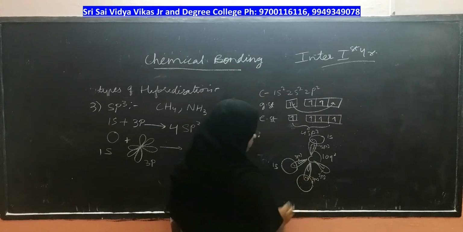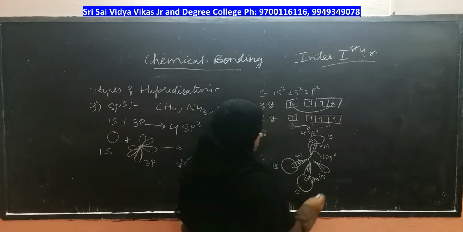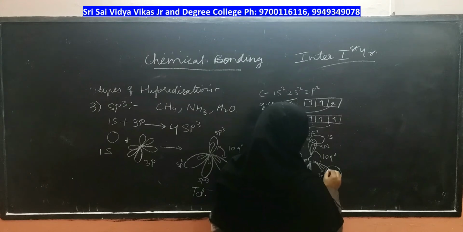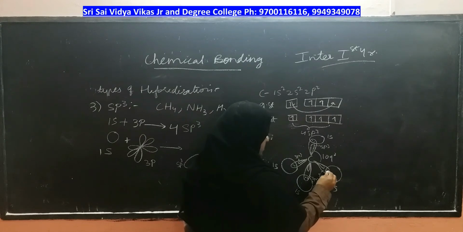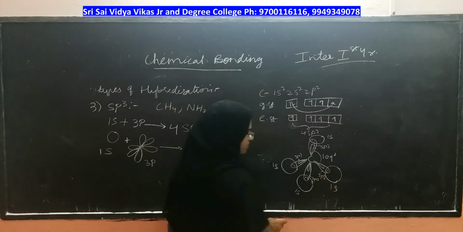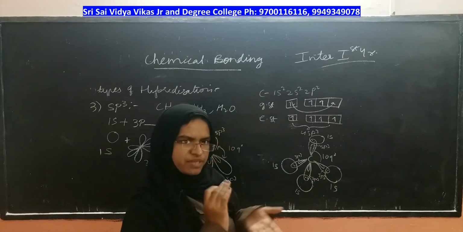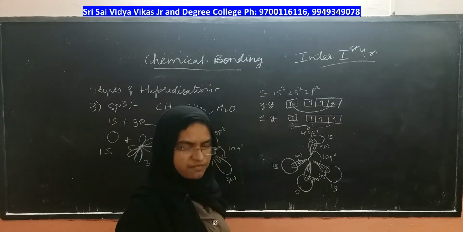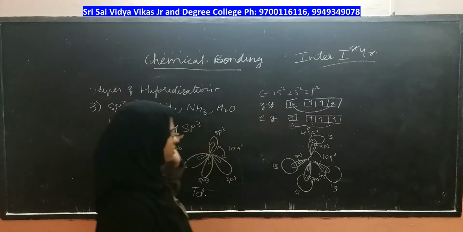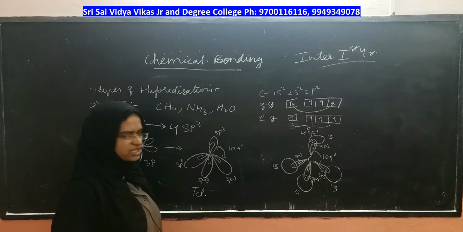Same way, 1 electron from sp3, 1 electron from 1s hydrogen, for all four. I kept 2 dots, meaning electron pair. 1 electron came from the sp3 hybrid orbital, 1 electron came from the 1s orbital. Both of them overlap, that's why the electrons became a pair. If they don't overlap, an electron pair will not form. That is the fundamental concept of valence bond theory, right?